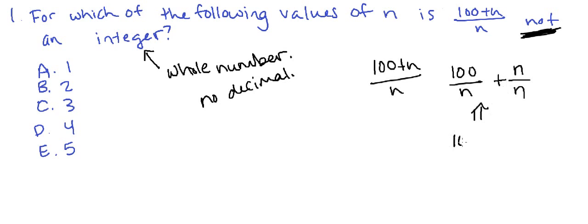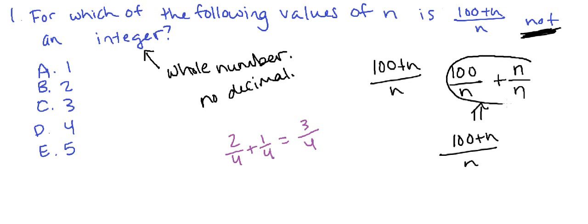Here we do have a common denominator of n, so we add the numerators and keep the denominator the same. Another example: if I have 2 over 4 plus 1 over 4, you add the numerators, so that's 3, and you leave the denominator the same. So going back to our original problem, I was right at this step.